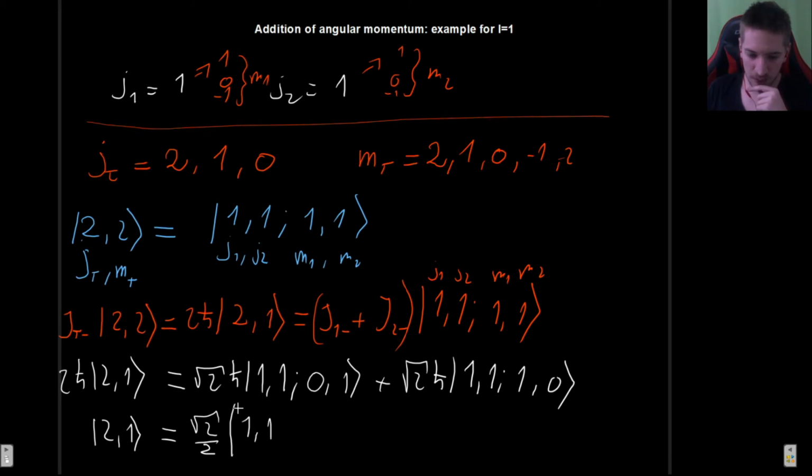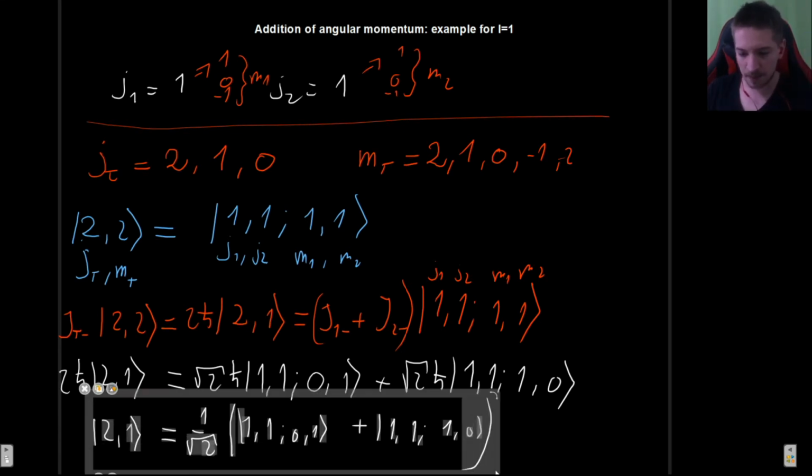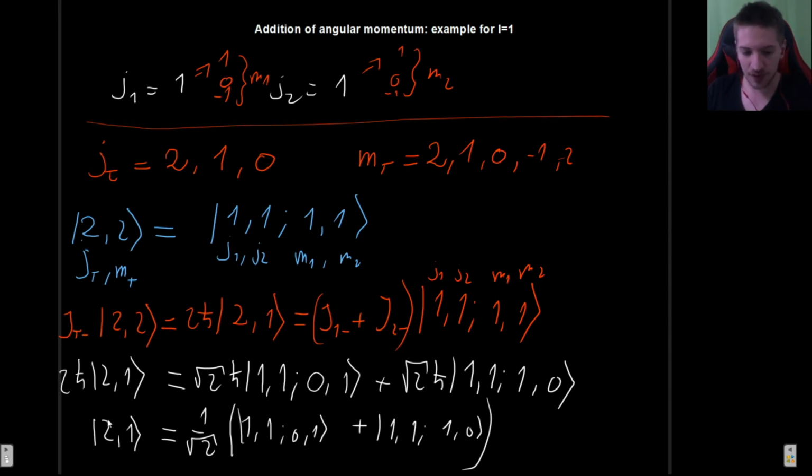So we get 1, 1, 0, 1, plus 1, 1, 1, 0. And square root of 2 over 2, this is simply 1 over square root of 2. You could leave it like that as well, but I like to write it like this. Once again, it doesn't matter, it's the same, but I prefer to write it like this. So now we have found the coefficients for this state, being 1 over square root of 2 for this one and for this other one.